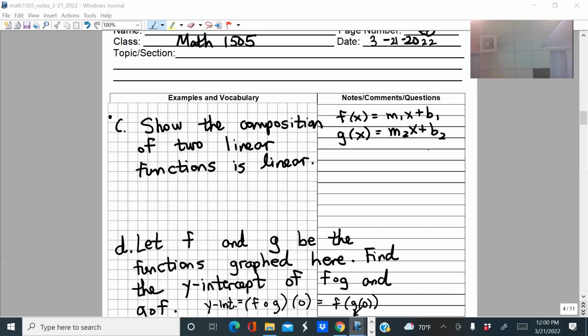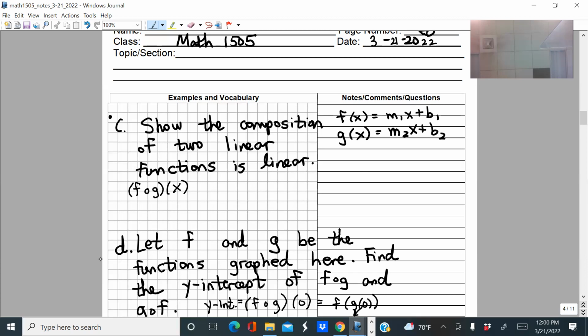Now let's compose them, because that's what the problem says, right? Let's take f compose g of x, and what I want to see is, does the result turn out to be also a linear function? So that result is going to be different from these two, right? But let's see if it also is a linear function.